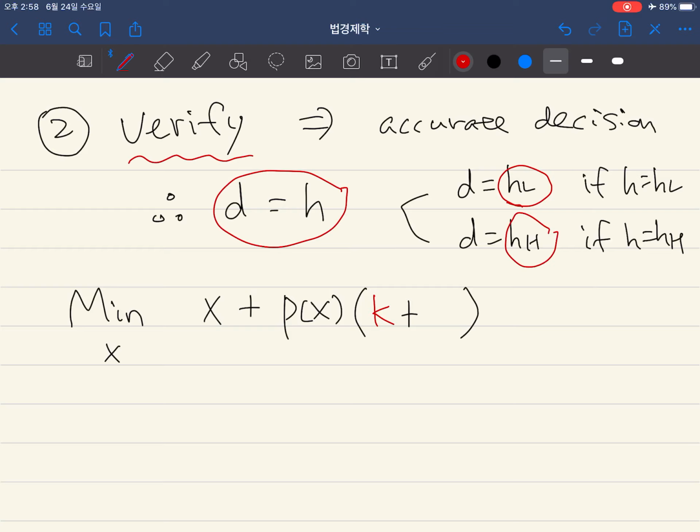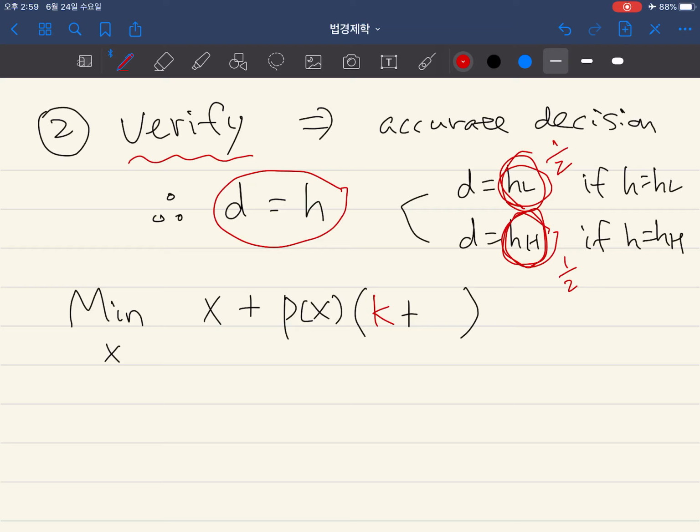But remember, here the defendant is not sure whether harm is small or big. So the defendant does not have information. The defendant does not know whether he has to pay a small amount or a big amount at the court. The defendant only knows that he has to pay a small amount of money with 50% and a lot of money with 50%.